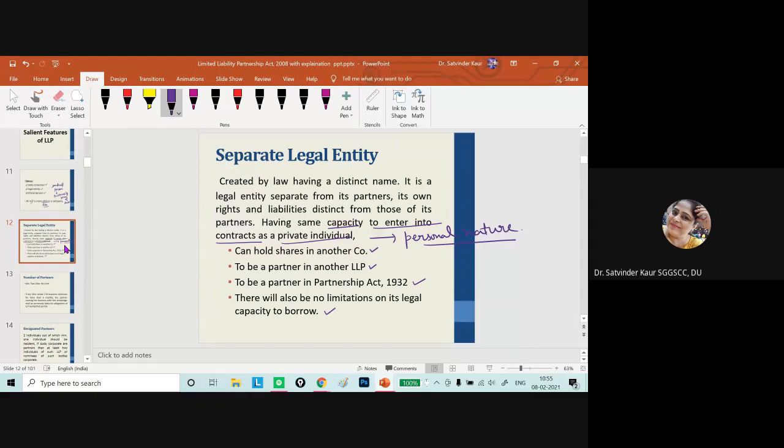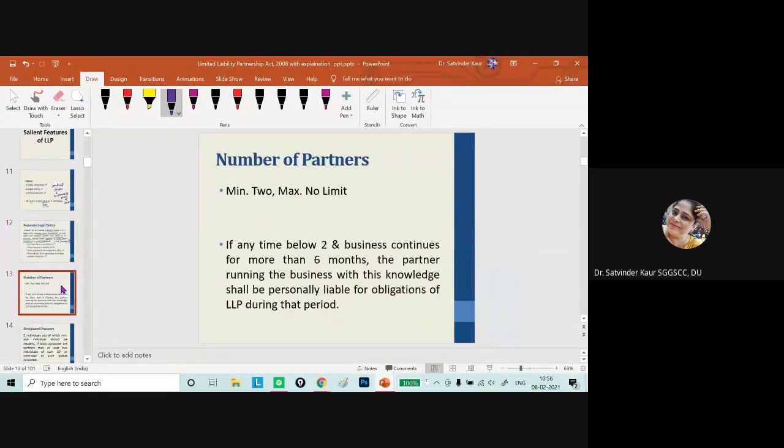So it has a separate legal entity with its distinct name, different from its partners, and it can have rights and liabilities separate from those of its partners, and in the same capacity can enter into contracts. When we talk about the number of partners, minimum two, maximum no limit. Here one clause is there: if a minimum of two are required, and only one partner remains, the LLP will not dissolve.